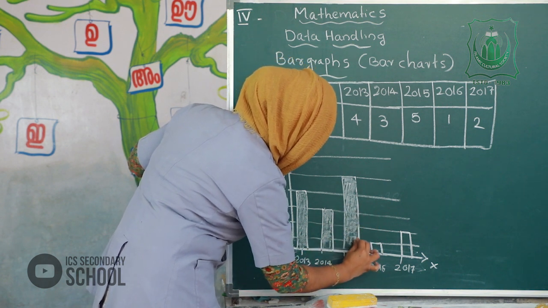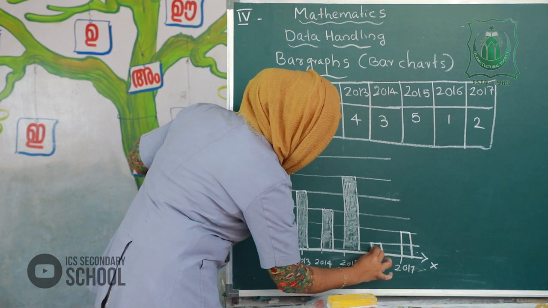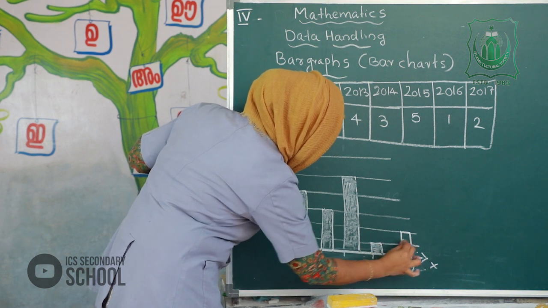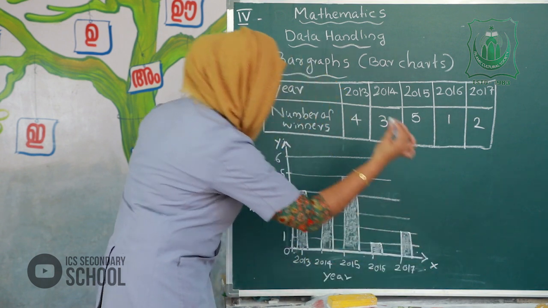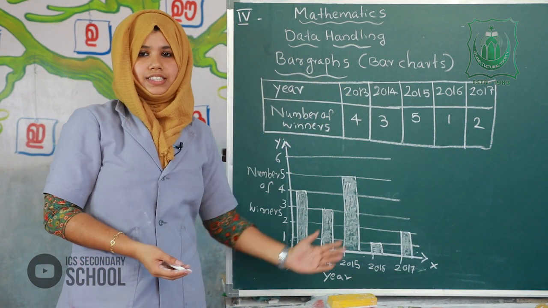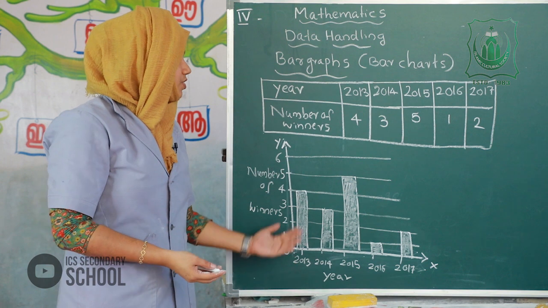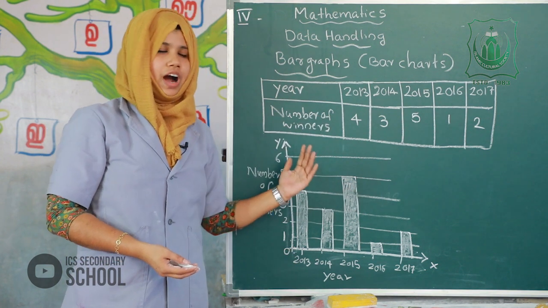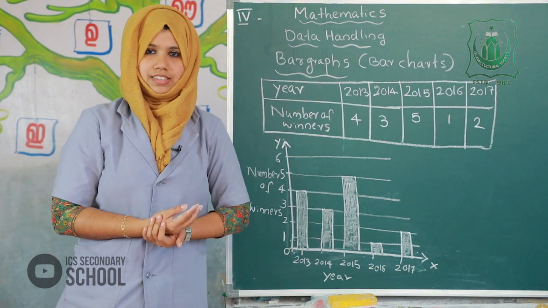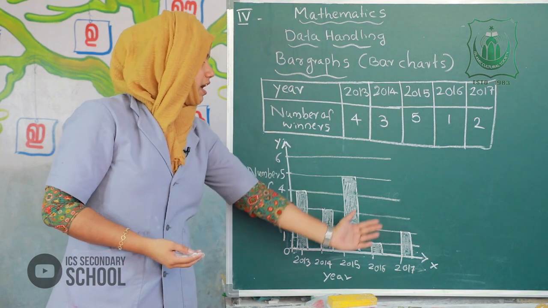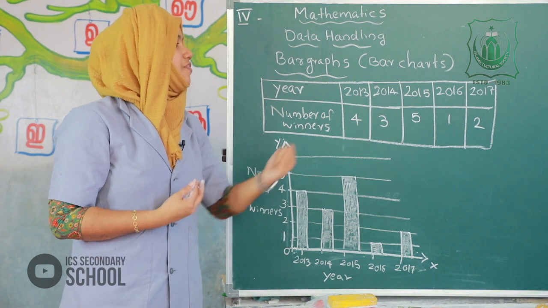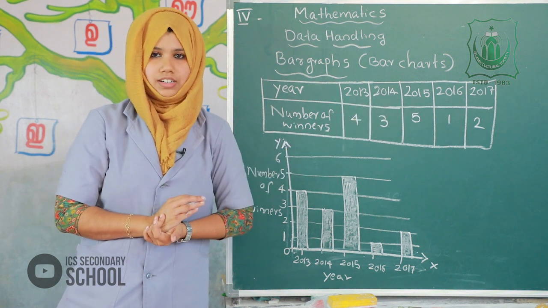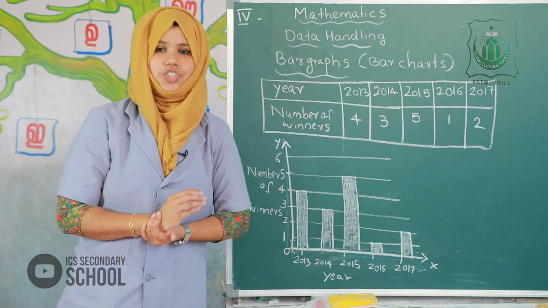Yes, 5 winners are there. So, this is the bar graph of this information about the winners. In this bar graph, we can easily understand how many winners there are in each year.